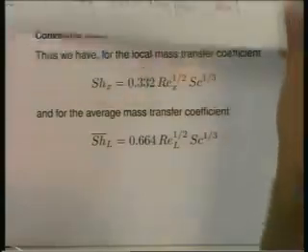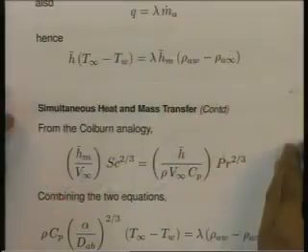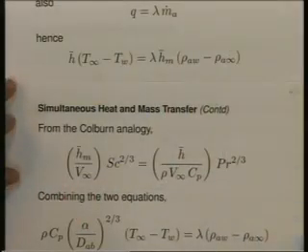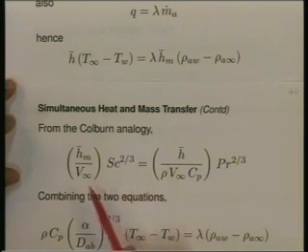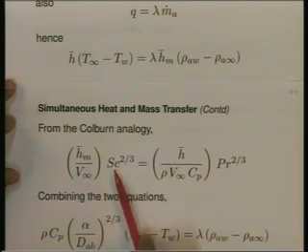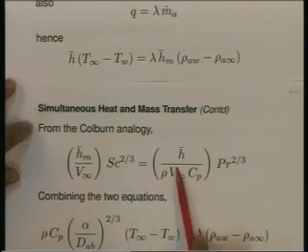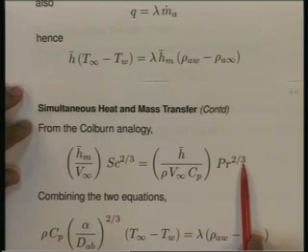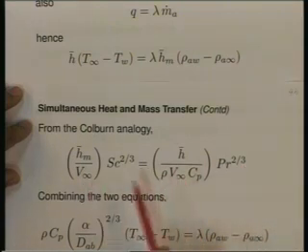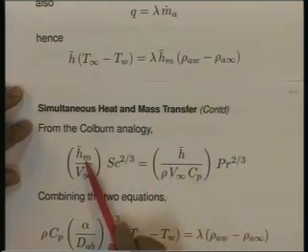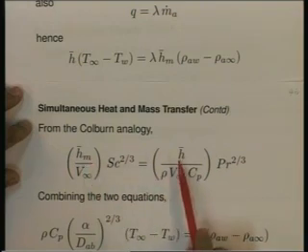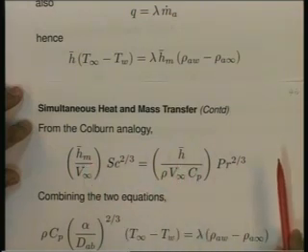Now, from the Colburn analogy, we have Stanton number for mass transfer into Schmidt number raised to 2 by 3 equals Stanton number for heat transfer into Prandtl number raised to 2 by 3. Here the Stanton numbers have been rewritten in terms of the mass transfer coefficient and the heat transfer coefficient.